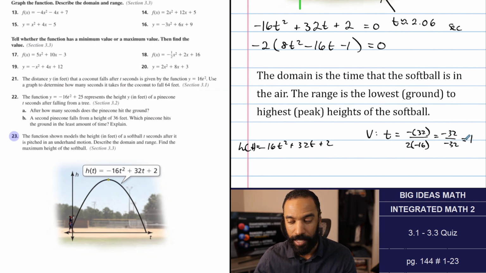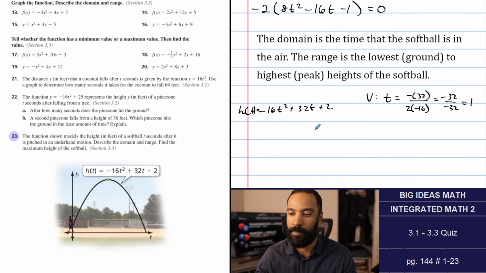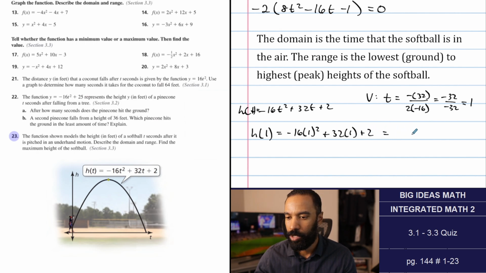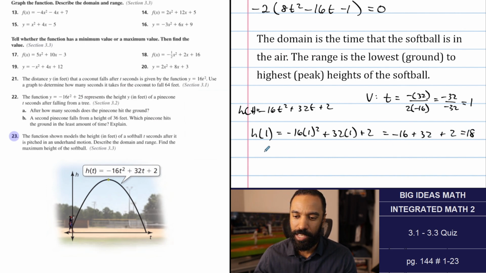It takes 1 second to reach its maximum height, but what is that maximum height? Let's do h of 1. Negative 16 times 1 squared plus 32 times 1 plus 2, which is negative 16 plus 32, which is 16, plus 2, which is 18. 18 feet. Max height, 18 feet.